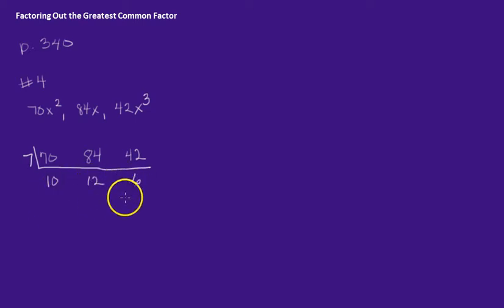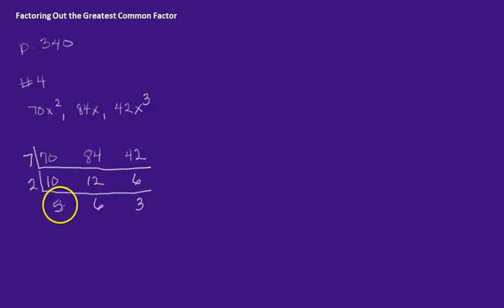Well, I know that each of those numbers has a factor of 2 in common. So I do another division, put a 2 outside there, and 2 goes into 10 5 times, 2 goes into 12 6 times, 2 goes into 6 3 times. Now in this row I have a 5, 6, and a 3, and the only common factor those three numbers have is just 1.